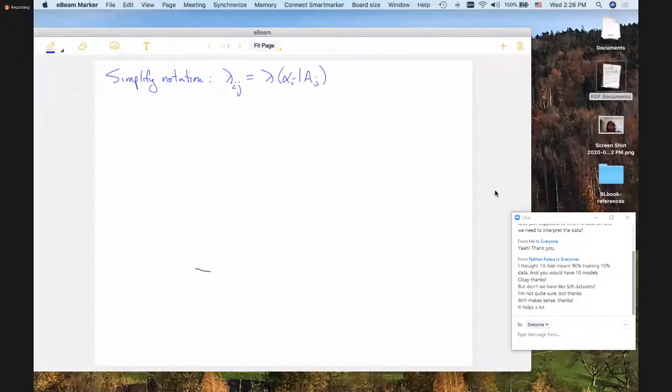And again, I do this only so that I don't have to keep writing that long expression out. And as you'll see in a minute, I'm going to simplify it even further, where we will let lambda ii equal 0.